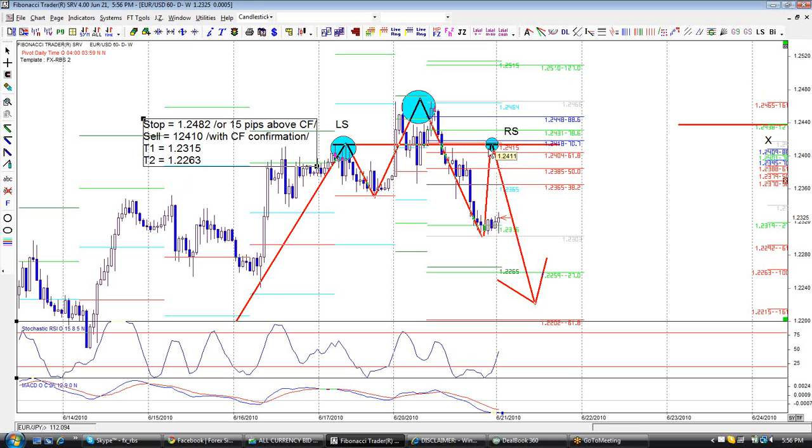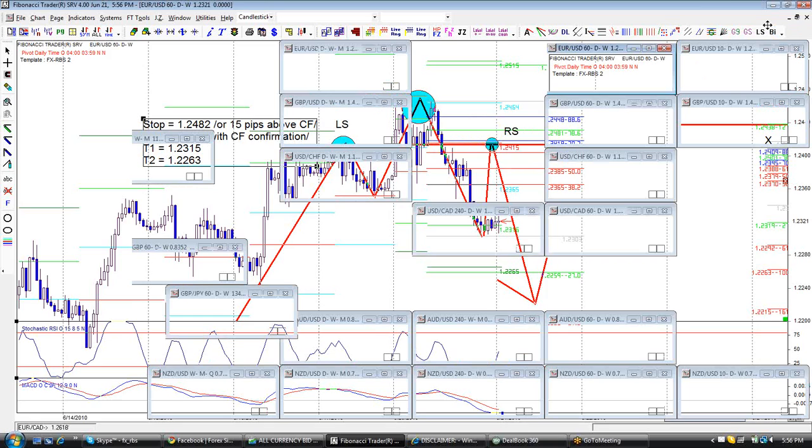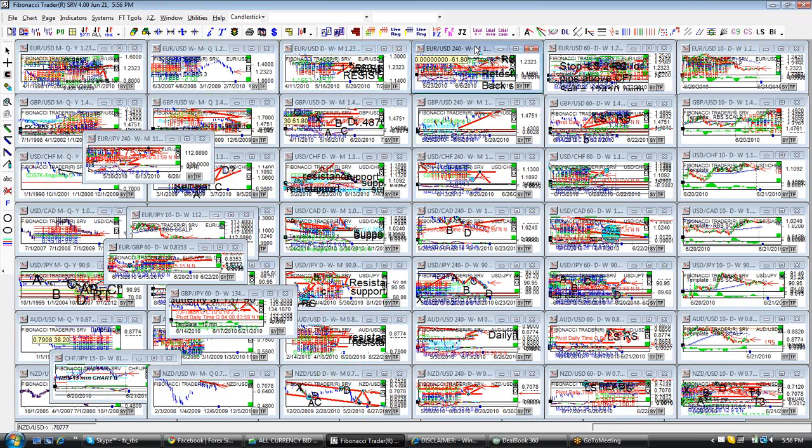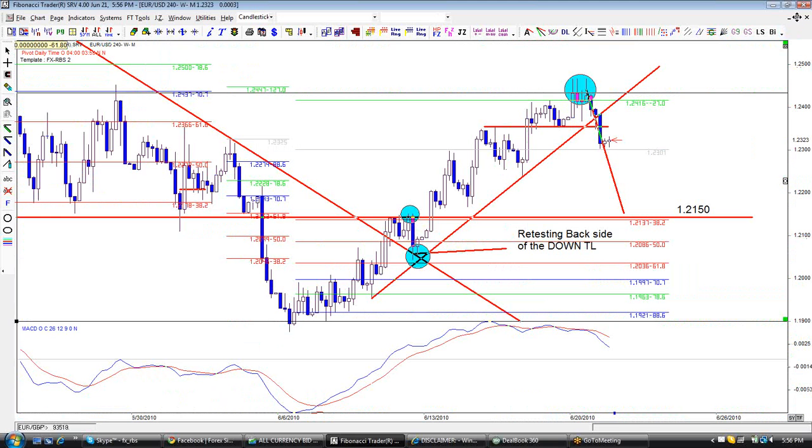Again, we need to have the price come all the way up to 124.15 before we sell. And as I said, we need confirmation. We need a bearish candlestick formation. And why? Because there is stronger resistance formed about 100 pips higher than the current high, the current head.